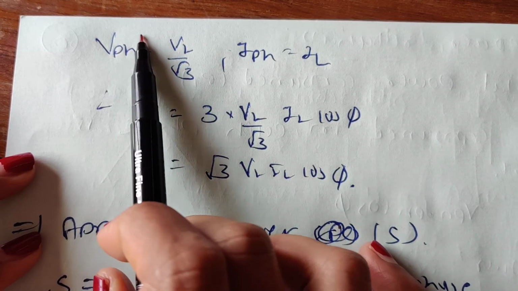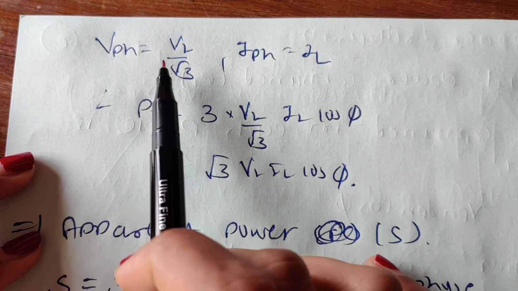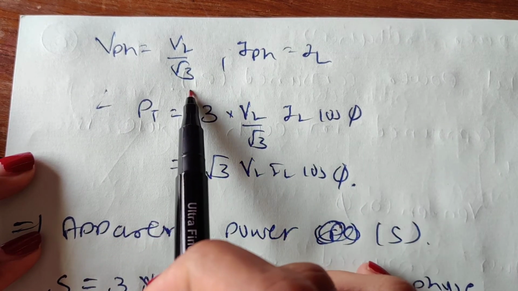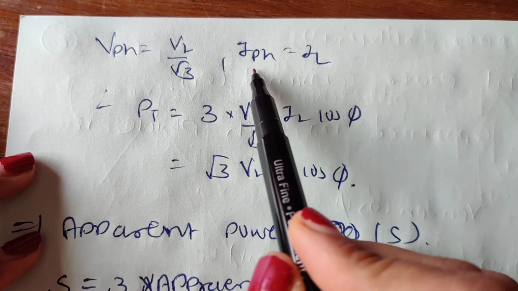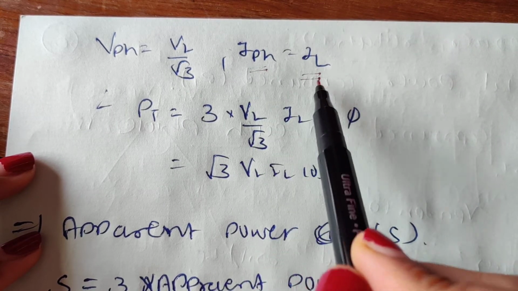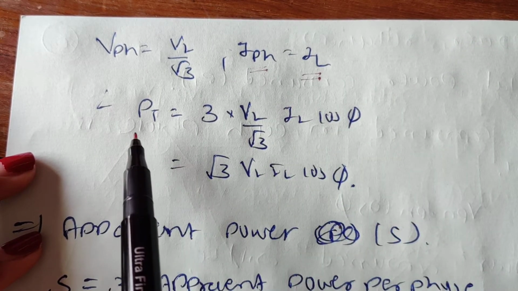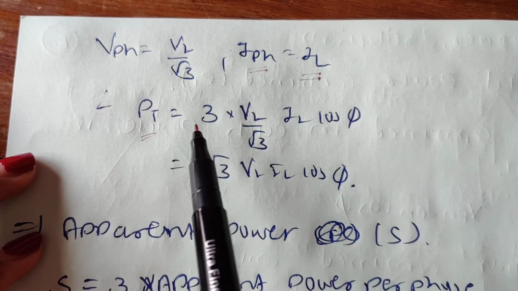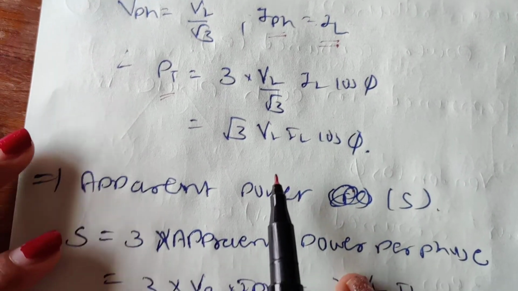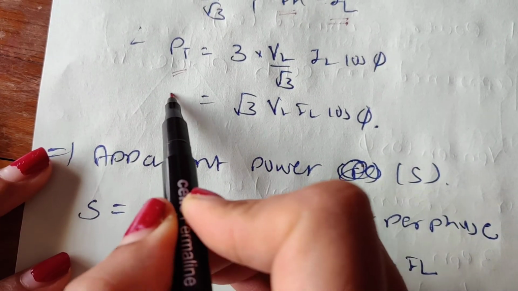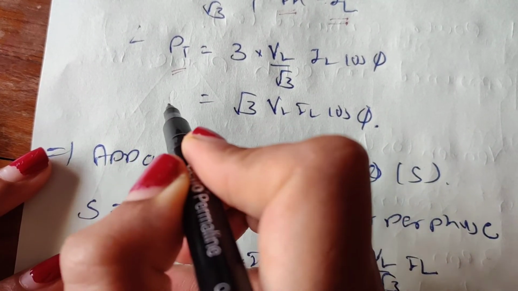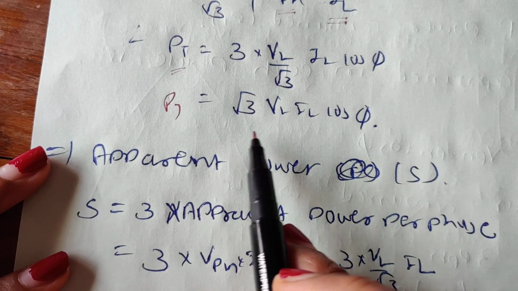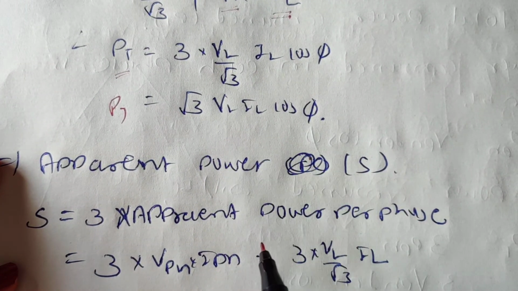So VPH is equal to VL divided by root 3, and the phase current is equal to the line current. Putting these values in the previous equation, finally the total power PT is equal to root 3 VL IL cos phi.